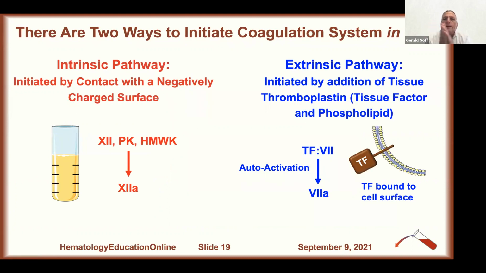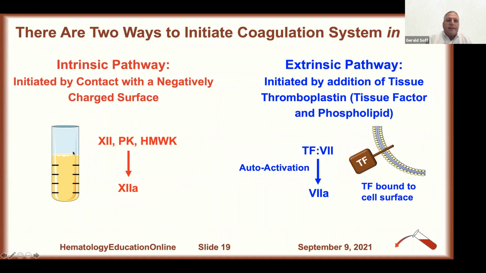So there's two ways of initiating the coagulation system in vitro. And again, this is the classic teaching. We're going to understand as we go the limitations to this model. But this is how the intrinsic pathway gets activated in vitro, which is the blood, the anticoagulated plasma gets exposed to a negatively charged surface.